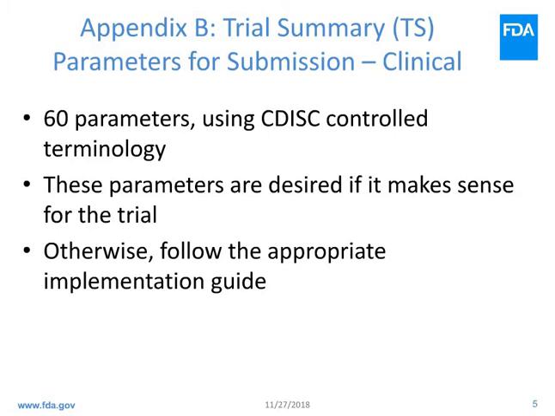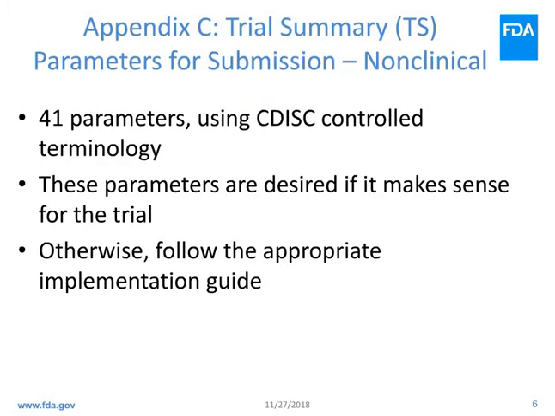These all use CDISC controlled terminology, and these are parameters that describe a trial in such a way that all FDA reviewers would want to see for any kind of trial, that is, if that parameter makes sense for the trial that you're submitting to the agency. So if that parameter makes sense, please include that parameter, please populate a value for that parameter, and otherwise follow the appropriate implementation guide for your overall submission.